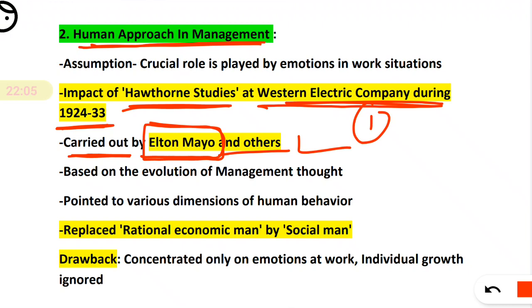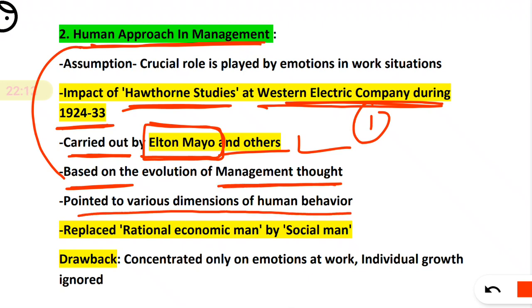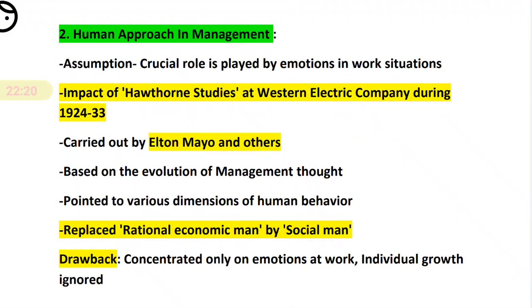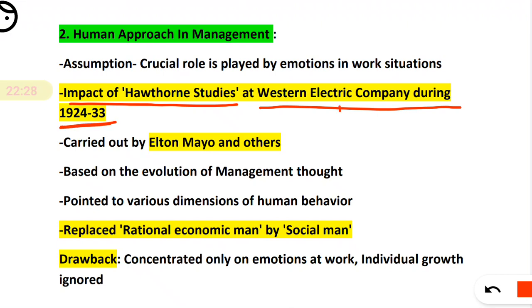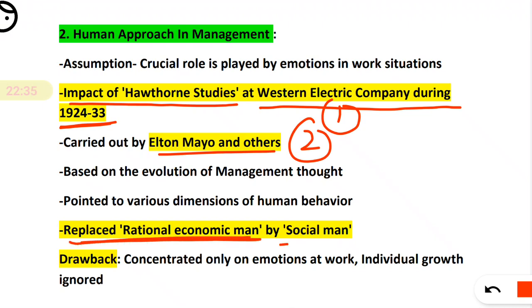Next, this human management approach is based on the evolution of management thought, pointed to various dimensions of human behavior, and it replaced the rational economic man with the social man. Okay, there are only three things you have to remember: the impact of the Hawthorne studies at Western Electric Company during 1924 to 33, first carried out by Mayo and others, and third, it replaced economic man by the social man.